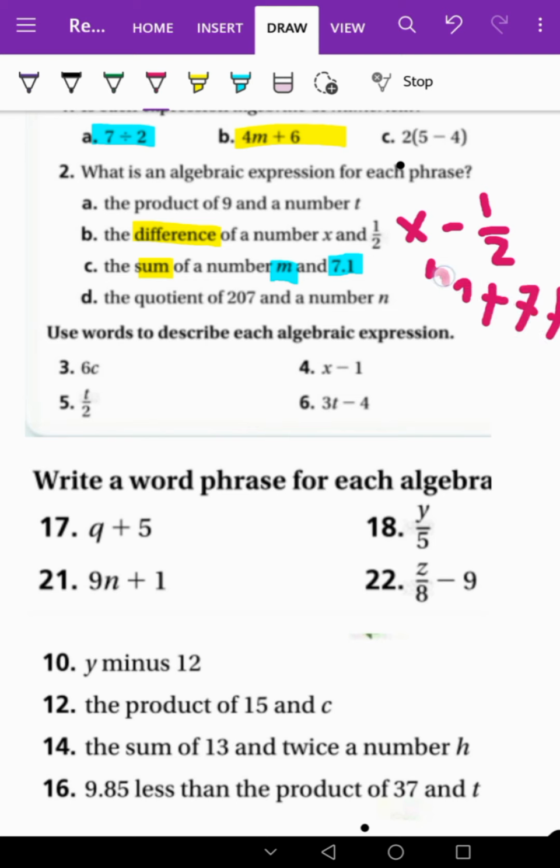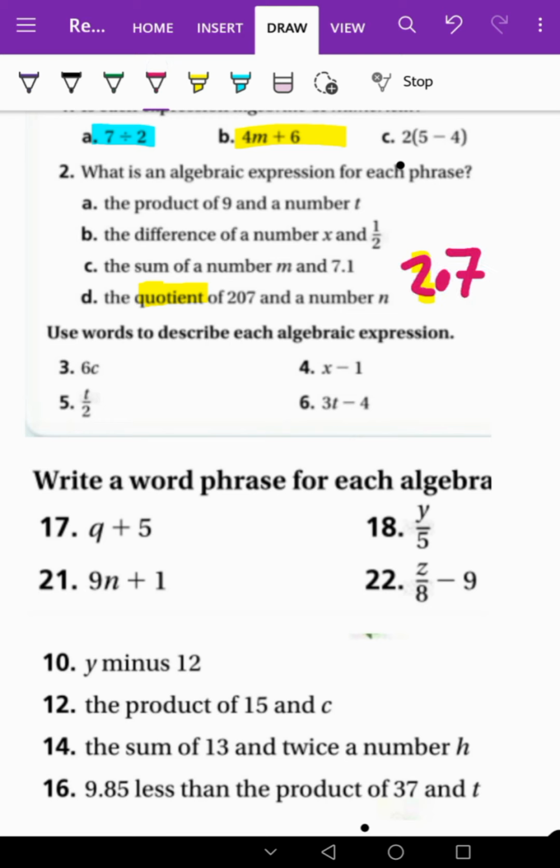Okay, the last one, Ayman, please. The quotient of 207 and a number n. Now, what is the keyword here? Quotient. Good boy. Quotient means the answer of division. Between what and what? 207 and a number n. So 207 divided by n. Can I ask you a question, Rayyan?